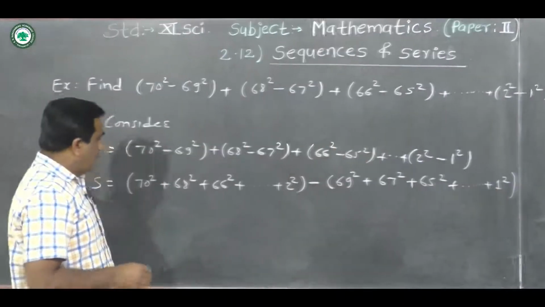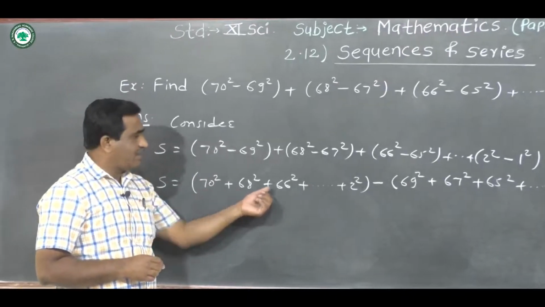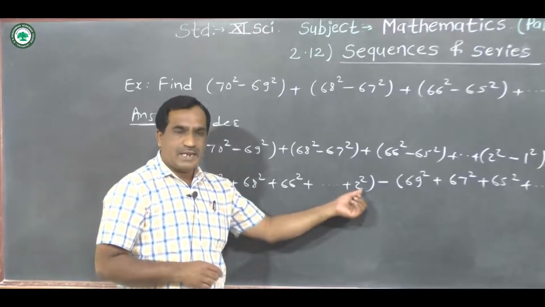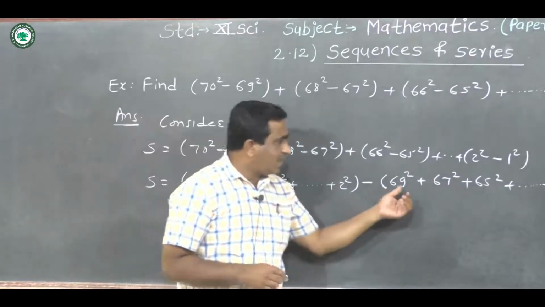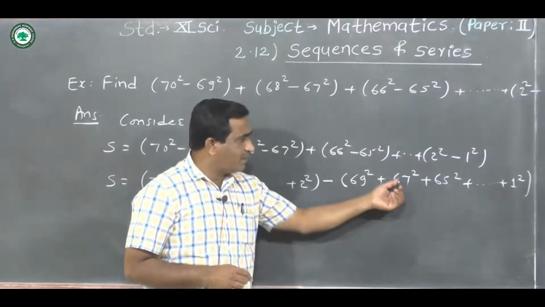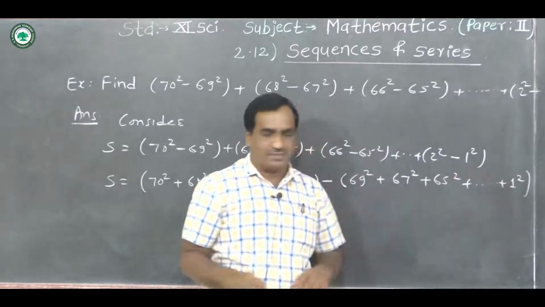Okay. Now here all these are even terms: 70, 68, 66, 64, 62, and the last term is 2. And here these are the odd terms: 69, 67, 65, 63, and so on. The last term is 1 square.